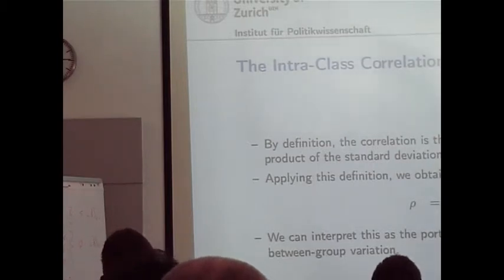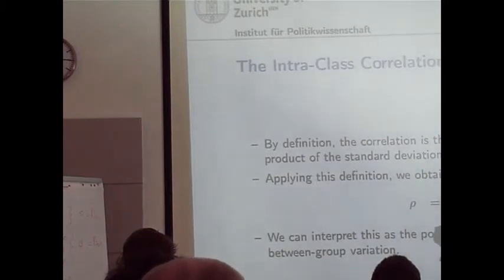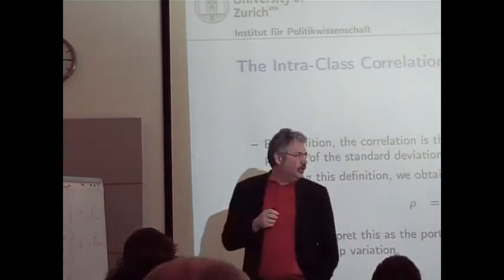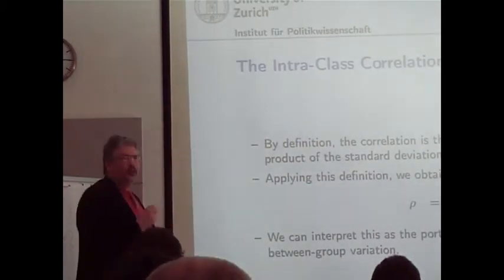And when we then actually compute this, we get an interclass correlation that is equal to the variance between groups over the total variance. And you can interpret this as the portion of the variance that is due to between group variation.